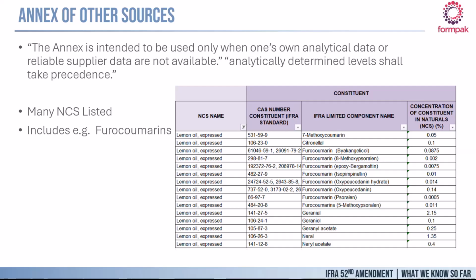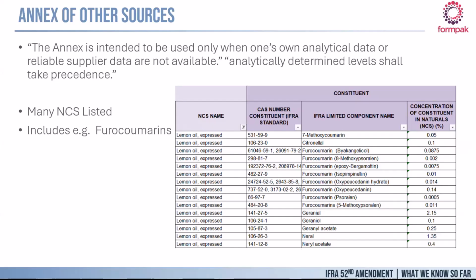Now, it is tremendously useful, and there are many NCS listed, and there's one of them on the screen here where you can see for lemon oil expressed, it has a combination of previously limited materials like geraniol and nerol, and then newly limited materials, nerol acetate and geranyl acetate, as well as some of those furocoumarins. So you can see the concentrations there of the IFRA limited substances in this peer-reviewed quality of this material.